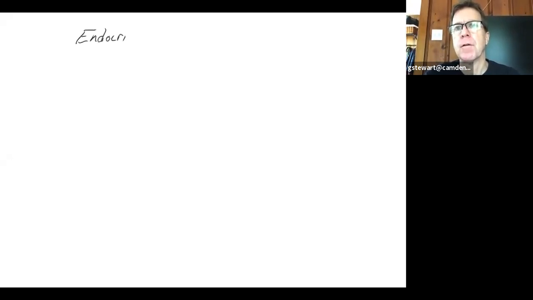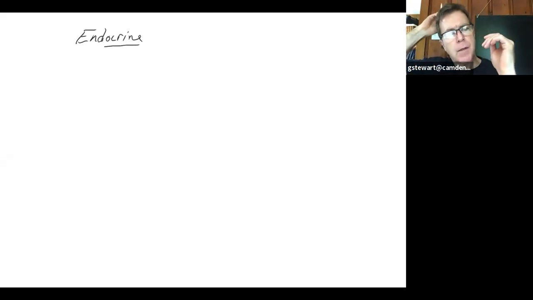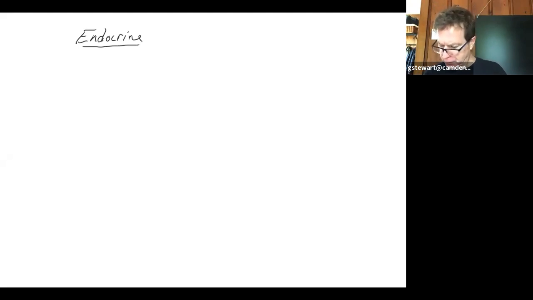We're going to learn some general characteristics about the endocrine system, the organs, and also the two different types of hormone classes based on their chemical shape. So first, whenever you see this word endocrine, think of hormones.